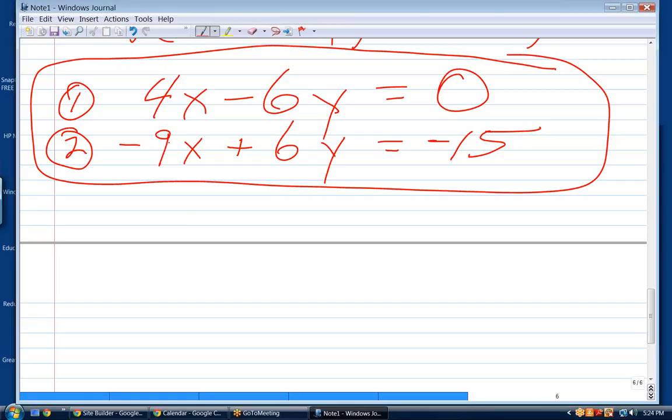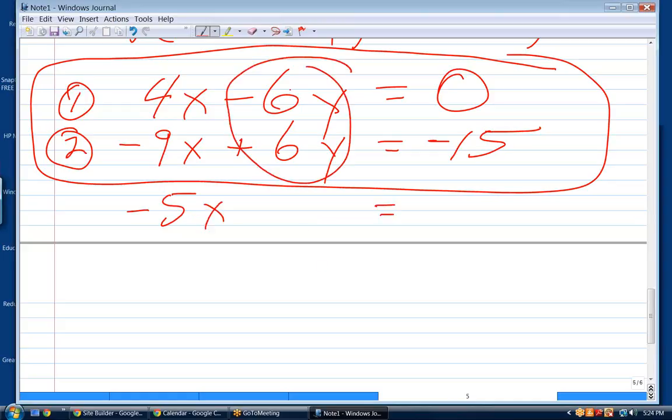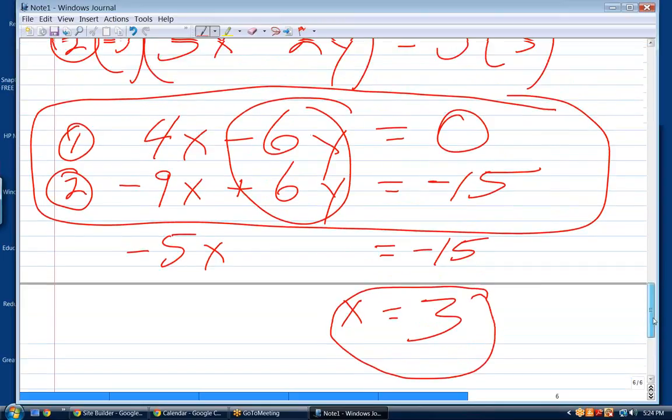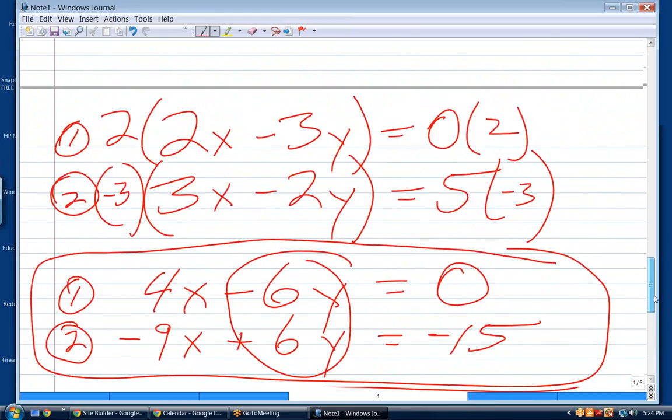What's negative 4x plus 9x? 5x. The y disappears, and then it's going to be negative 15. So what is x equal to? Negative 3. Okay. So now, which equation do we want to plug that back into to solve?